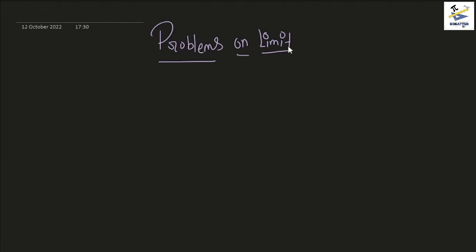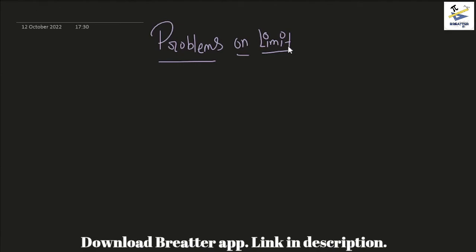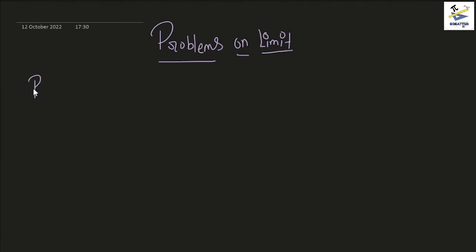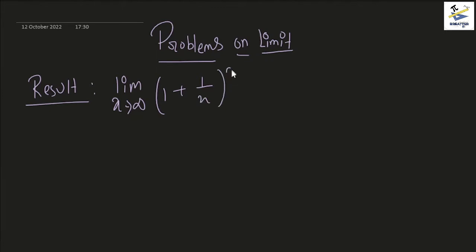So we are trying to find out some problems, and before that we would need a few results which we try to prove. The result that we need to prove for this section is this: limit of x tends to infinity of 1 plus 1 by x, whole to the power x, is equal to e.